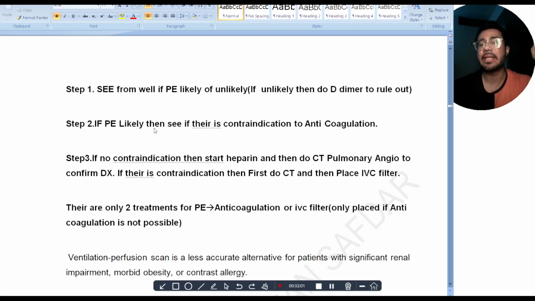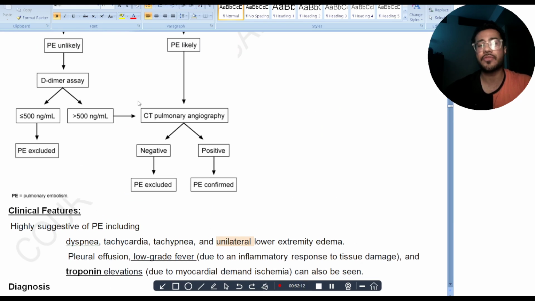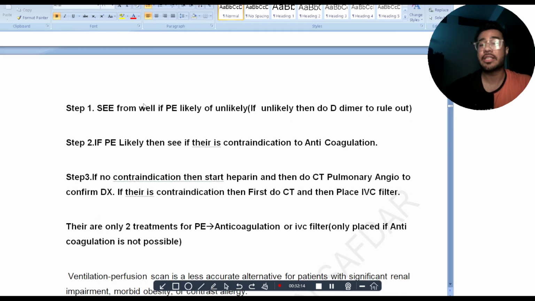If PE is likely, that is the score is more than 4, then you see if the patient has a contraindication to anticoagulation. I've not emphasized this on the flowchart more because the diagnosis and the management go hand in hand. That's why you need to keep both of these factors in mind. First of all, you decide whether the PE is likely or unlikely.